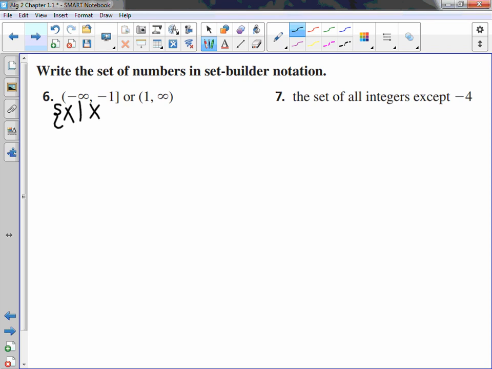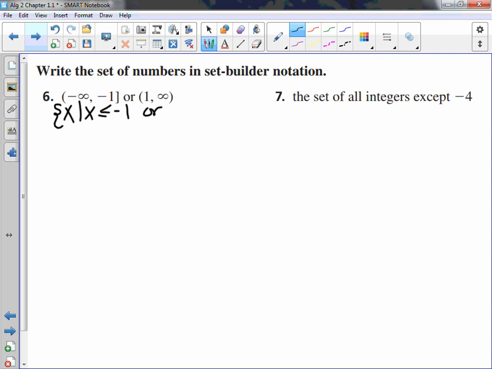So x would be less than or equal to, because we do have a bracket, or, because this here is saying negative 1, it includes negative 1, and everything smaller than it. And our other one is saying what?